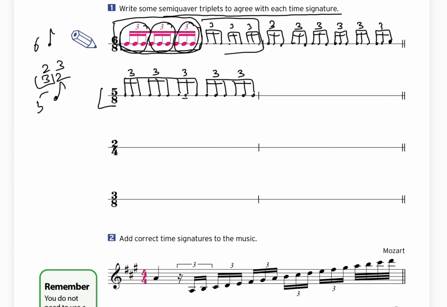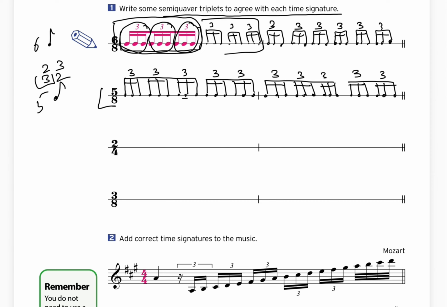Okay, let's follow the same thing for the next bar. Here also a group of 2. So in 5/8 you have to be careful about the grouping of notes. Okay, how you group them.